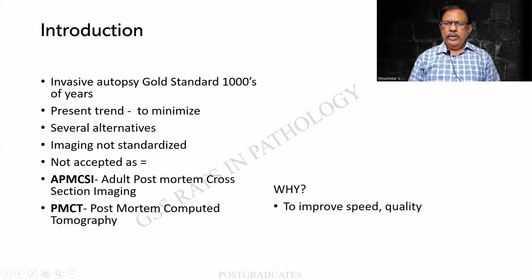To improve the speed and the quality, we need this technique. And there is also a dislike for autopsies amongst the public and the religions, and in order to circumvent this, this might be required. So kindly do follow, and if you go to my original class on virtual autopsy, there will be many an overlap between these two.